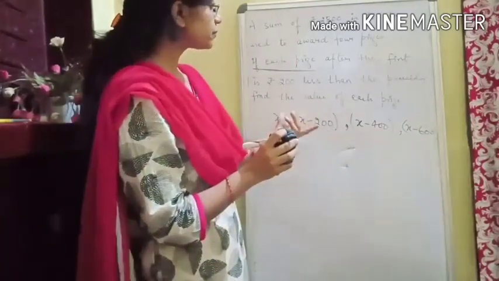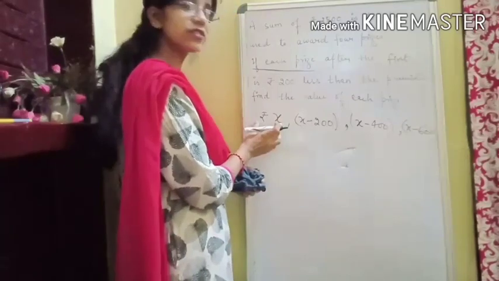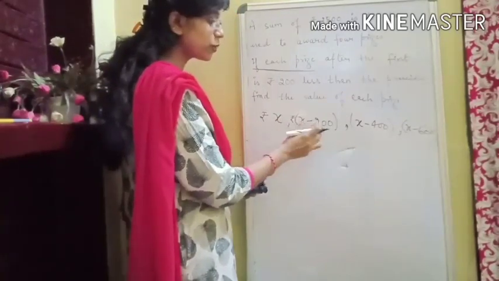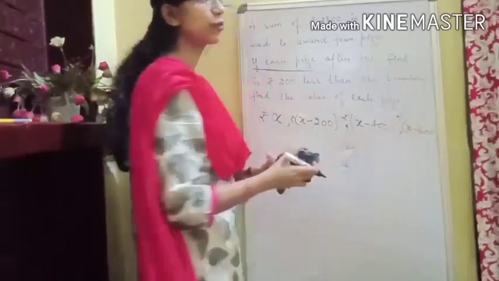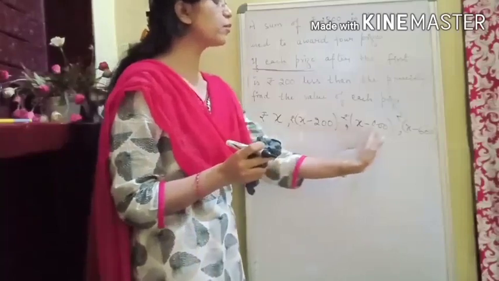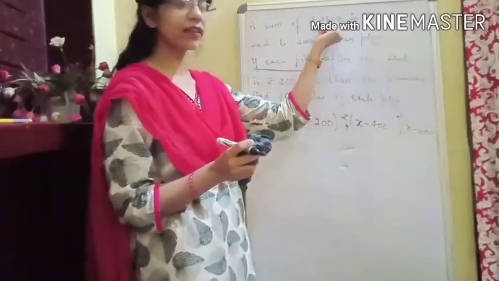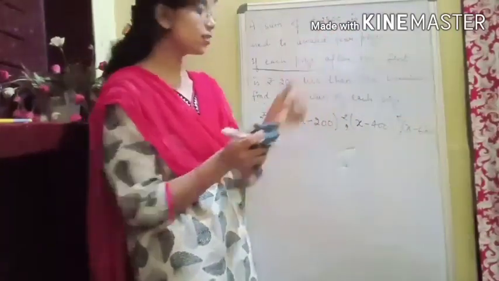Now these are the amounts: the first prize is X rupees, and the second, third and fourth prizes are the amounts we found. In the very first line they are saying that the total sum of the money is 2800. That means this plus this plus this plus this would be 2800.